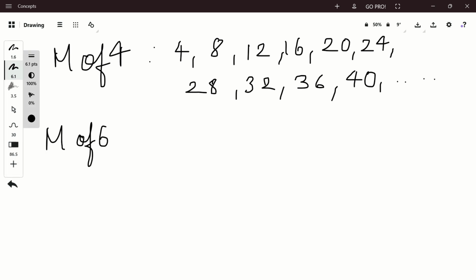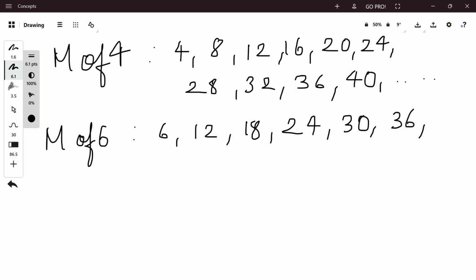Multiples of 6 are 6, 12, 18, 24, 30, 36, 42, 48, and so on.